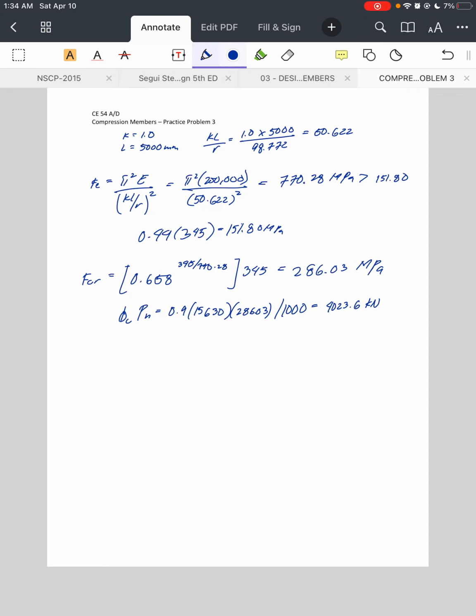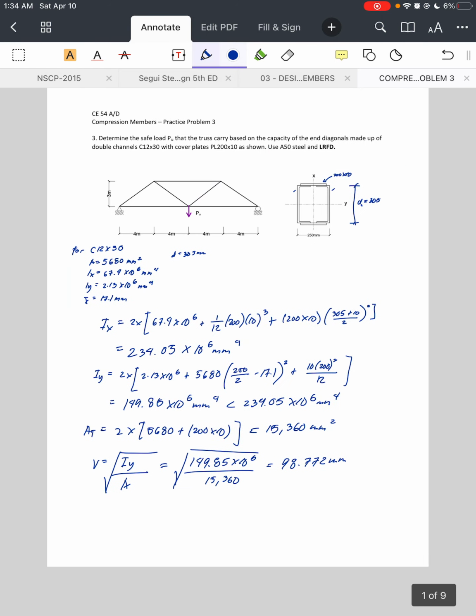Now, the analysis of the truss is done to determine the force of the end diagonal BE in terms of the load PU. I think I haven't written the letters for the truss.